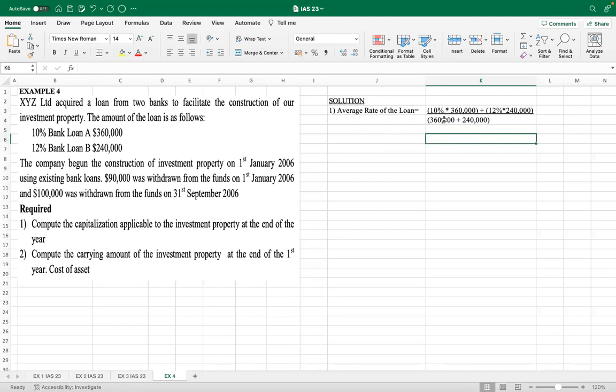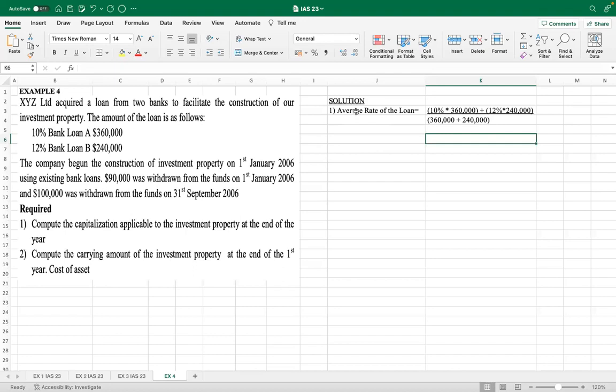So average interest rate, you just don't take 10 plus 12 divided by 2. Because 10 was for 360,000 and 12 was for 240,000. But if the two were for a similar amount, you can just take 10 plus 12 divided by 2. But if the amounts were different, you get the weighted average.